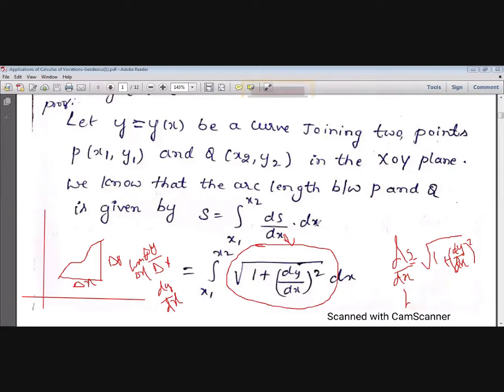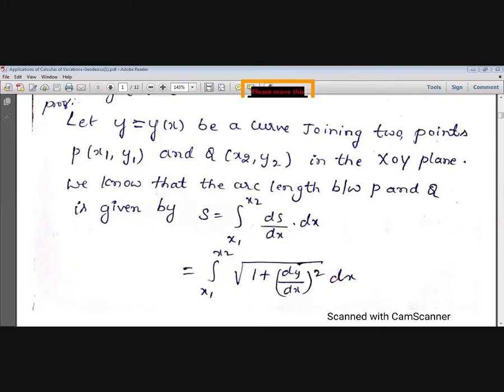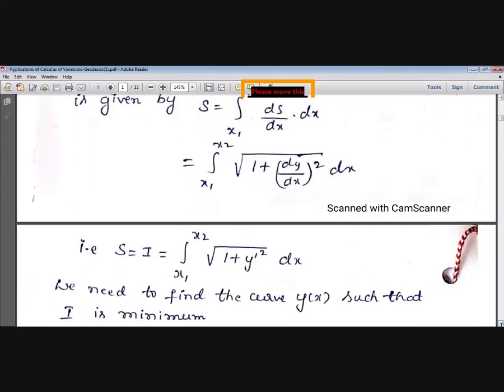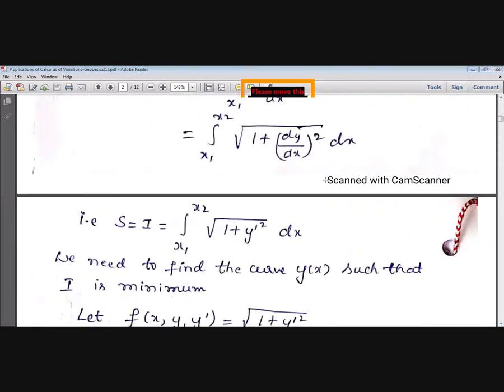So ds by dx equal to root of 1 plus dy by dx whole square. Then after that, we can write this dy by dx as y dash.